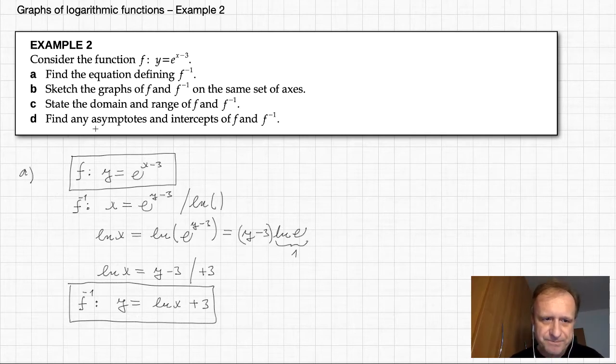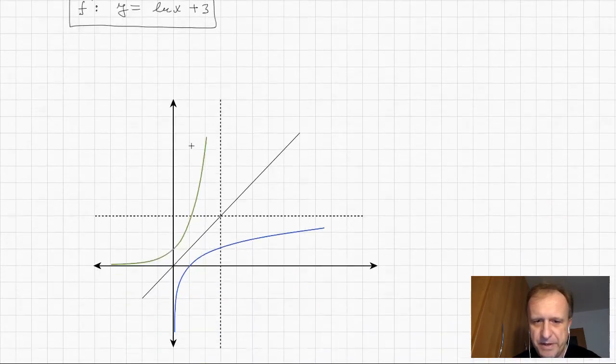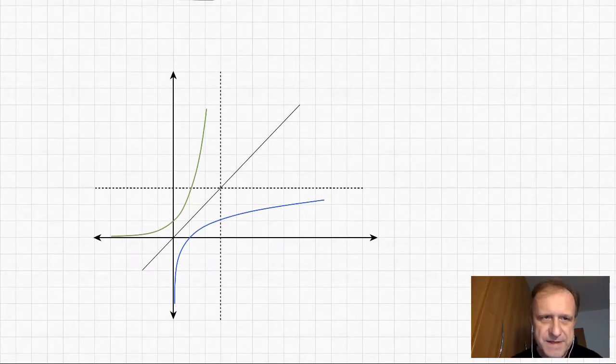In part B, we are asked to sketch the graphs of f and f inverse on the same set of axes. To do that, I have prepared a set of coordinates. Let me call them x and y. This is the x-axis and this is the y-axis.